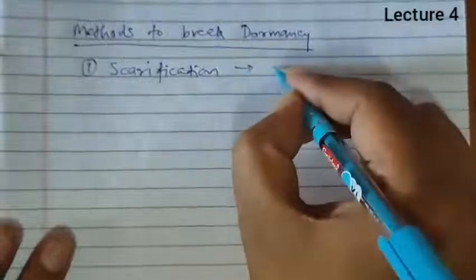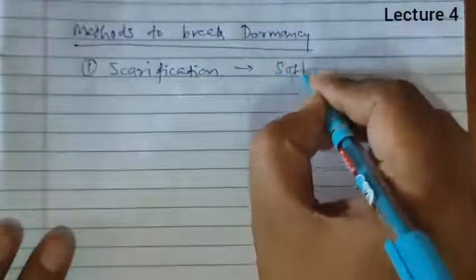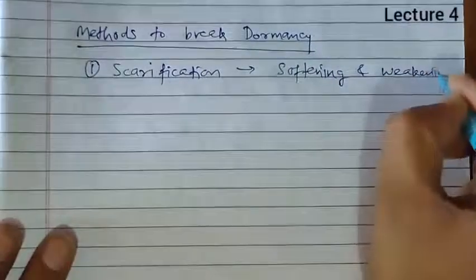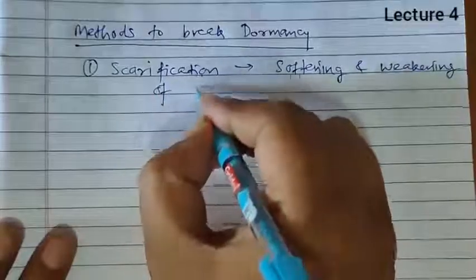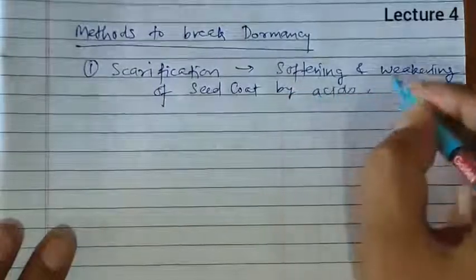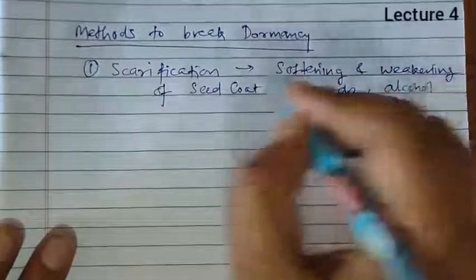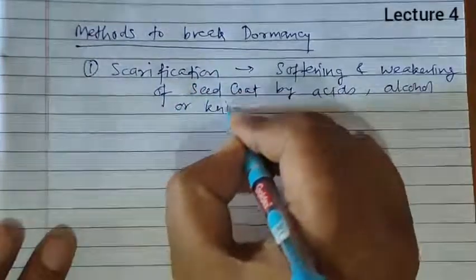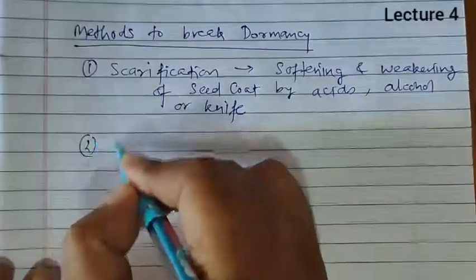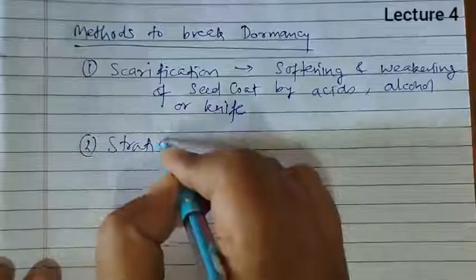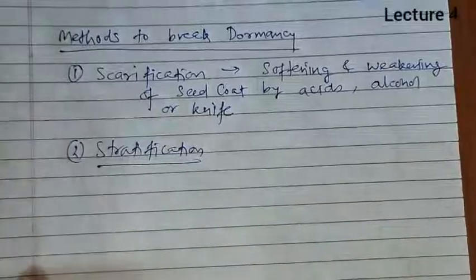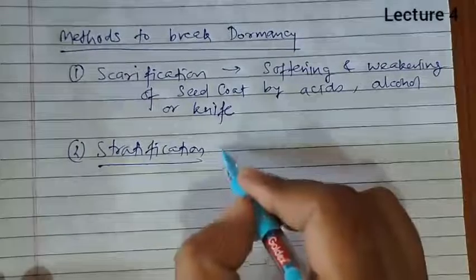Scarification involves softening and weakening of the seed coat by acids, alcohol, or knife. If there is softening and weakening of the seed coat, then the seed coat becomes permeable to gases and water, and seed germination can occur.